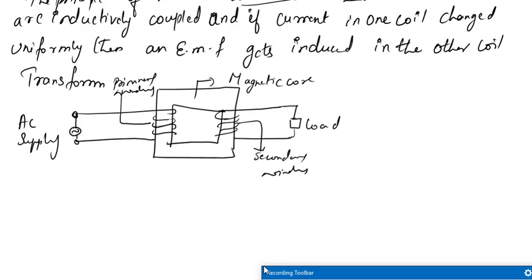So I repeat, on one side we have the AC supply, along with it the primary winding, and on the other side the load, along with it the secondary winding.